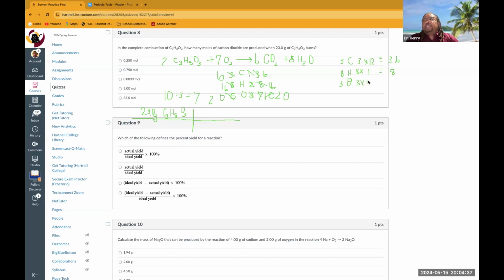And oxygen weighs 16. So that's 48. So 92 grams per mole.